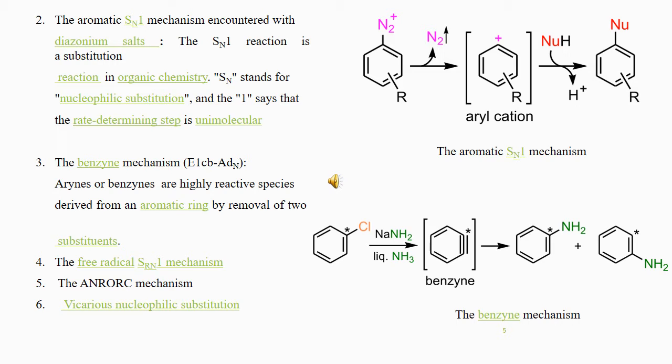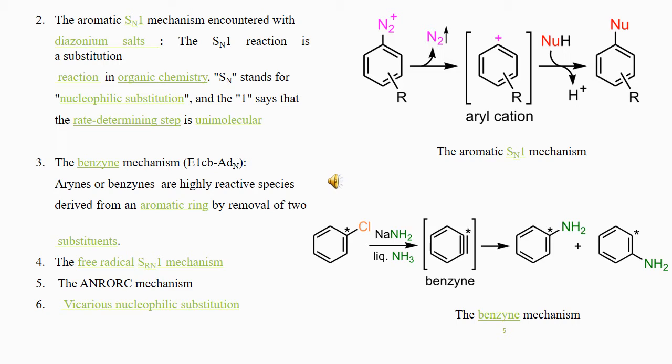In the lower reaction on the right hand, there is a chloro attached with the aromatic ring, but with the use of sodamide in liquid ammonia, that chloro is replaced, and then a triple bond is formed between the carbon and the lower one carbon. So benzyne has been detected as the intermediate.